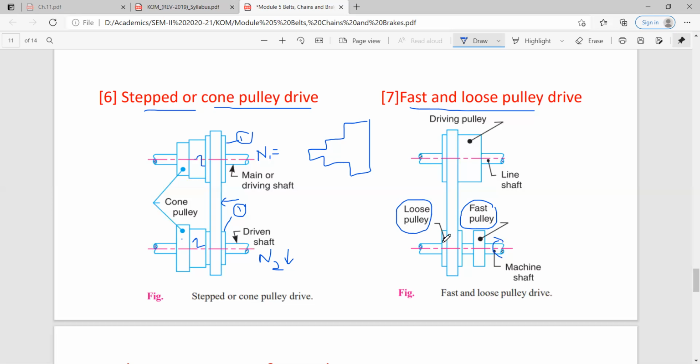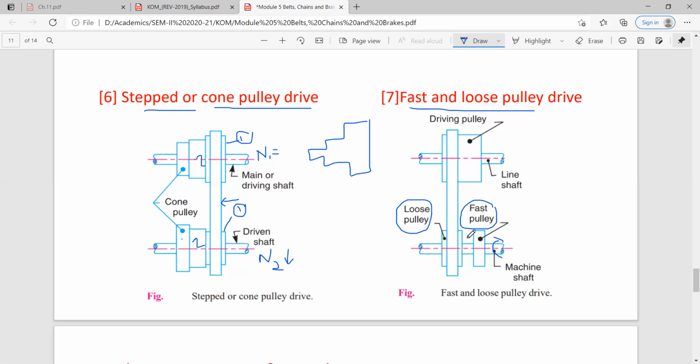But this is the loose pulley, which is not mechanically connected to the shaft. It means the loose pulley will only rotate, and the shaft will not rotate as there is no such connection between them.